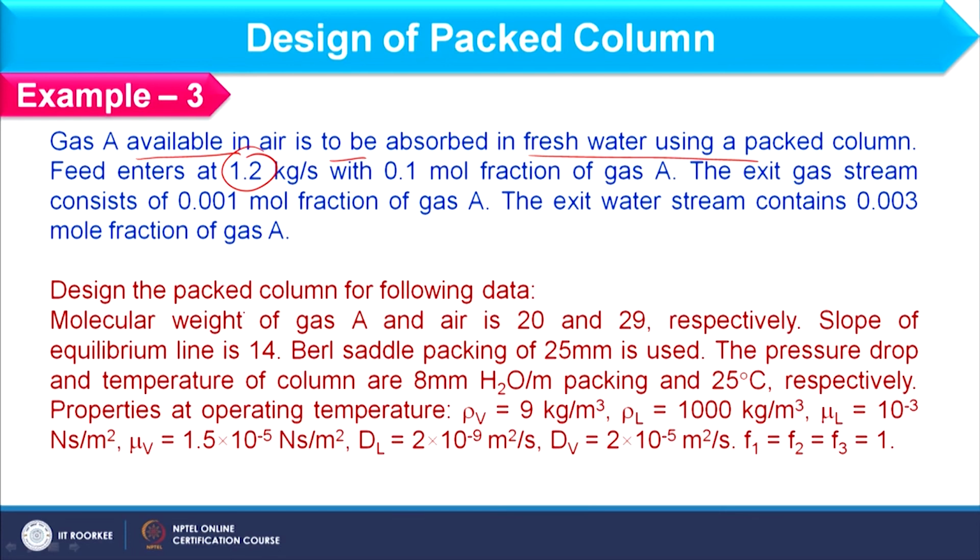Feed is 1.2 kg per second, and 0.1 is the mole fraction of gas A. At exit this much mole fraction is there, and the exit water stream contains this much mole fraction of gas A, right. Here we have the properties, where the molecular weights of gas A and air are given, and the packing is 25 mm. So you can consider pressure drop as 8 mm water per meter of packing, right.